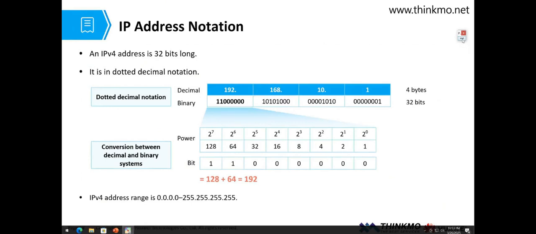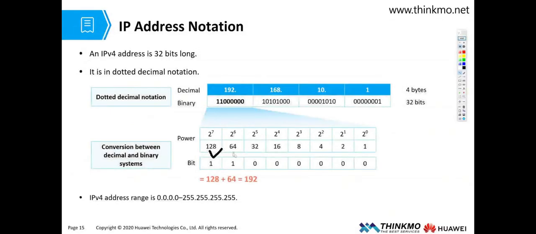then conversely, if I say that my number is the largest number, I take each digit as 1, then that would be using our 128, add 64, then add 32, 16, add our 8, 4, 2, and 1. When you sum them all up, you'll find that this number equals 255. So here, such a set corresponds to a binary number, which equals 255.